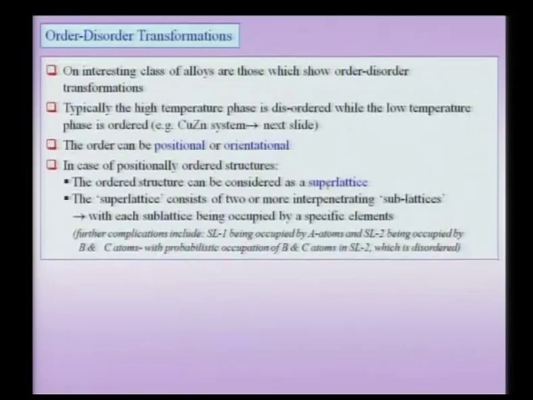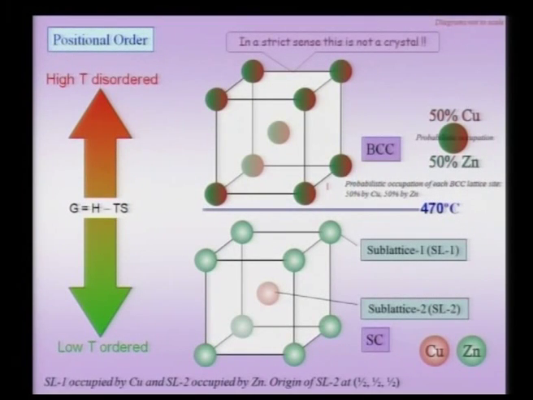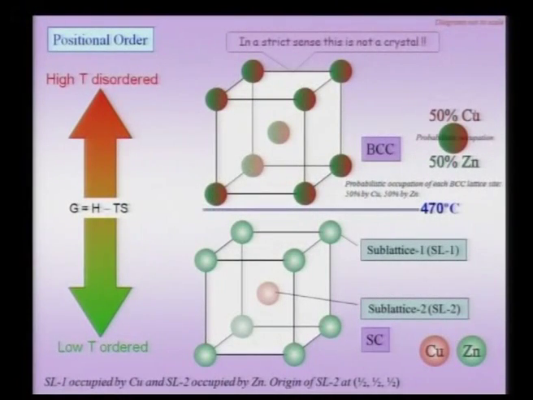So, let me take up some examples also to understand this ordered disordered transformation. The simplest and the nicest example perhaps is the example of the copper-zinc system, wherein you have 50% copper and 50% zinc. And as I had mentioned, the high temperature phase is the disordered one and the low temperature phase is the ordered one. And now, we will of course emphasize this later once more.